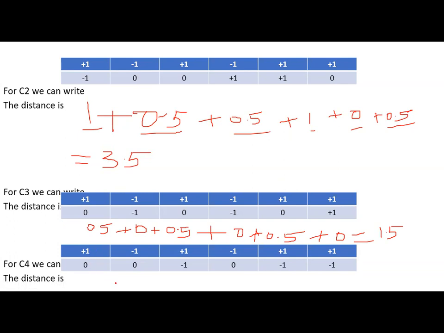This is 0, so you have to write it as 0.5, plus again 0.5, plus these are not equal, so 1, and this is 0.5, and this is not equal, so 1, and this is also not equal, 1. So the total gives you 1 plus 1, 2, 3, 4, 4.5.